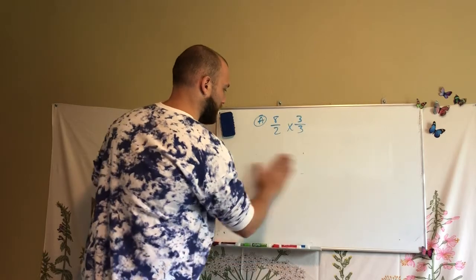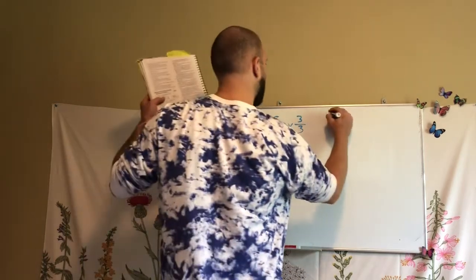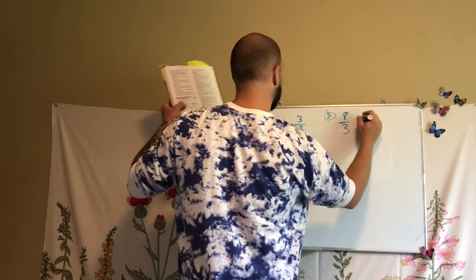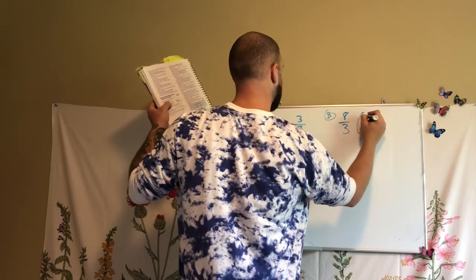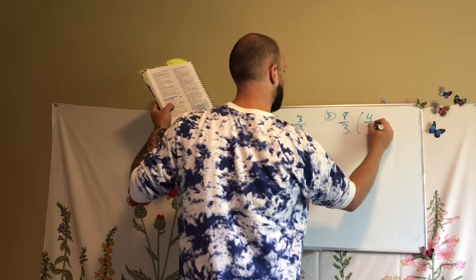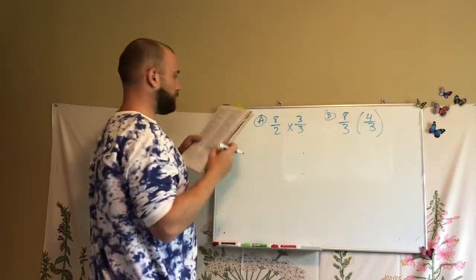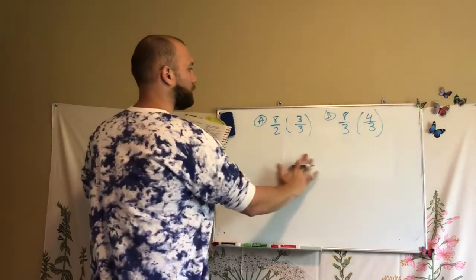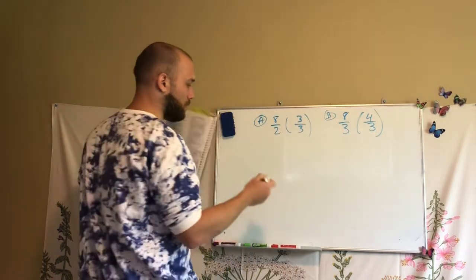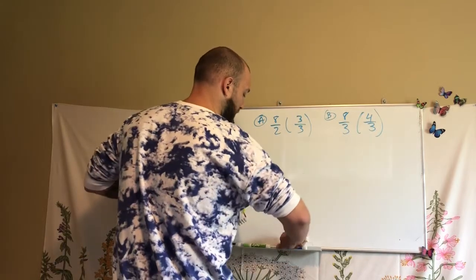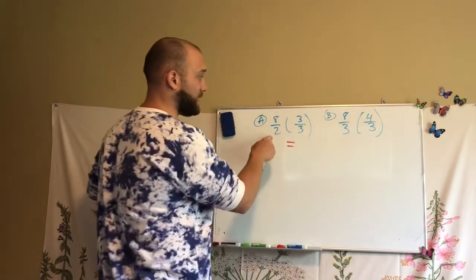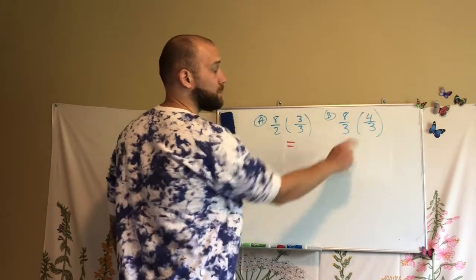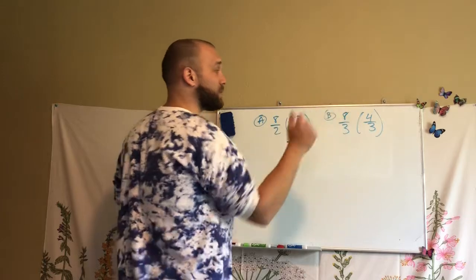So I'm actually going to rewrite this over here. So you have 8/3 times 4/3. And this should look like this. Down here, you're going to have an equal sign because this is going to equal your answer. Now this one over here is more than 1, so you know the answer is going to be greater.